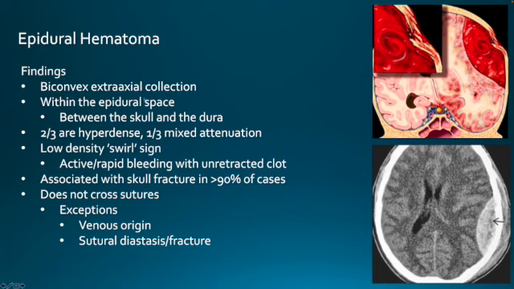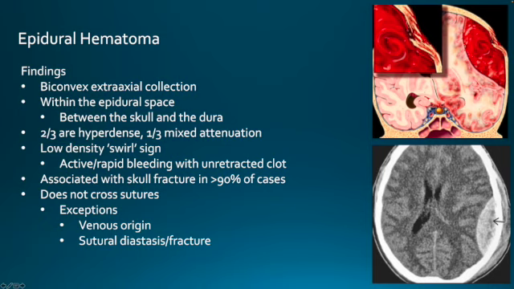That's what we're discussing here. So biconvex is the descriptive buzzword that you want to use for these, or lens shaped, and they are within the epidural space, right? Which means they're actually positioned between the skull and the dura mater.